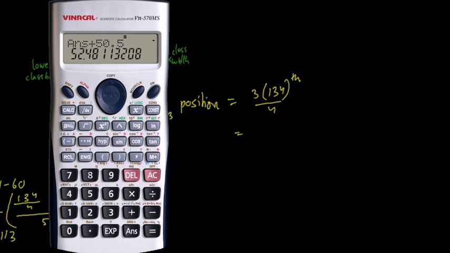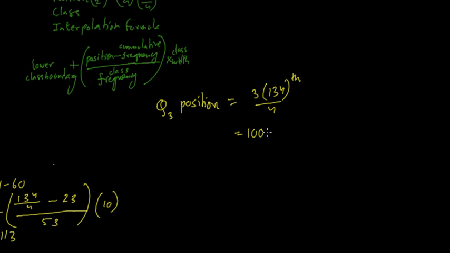This is 3 into 134 divided by 4, which is 100.5. That means you take the nearest whole number, 101st position.